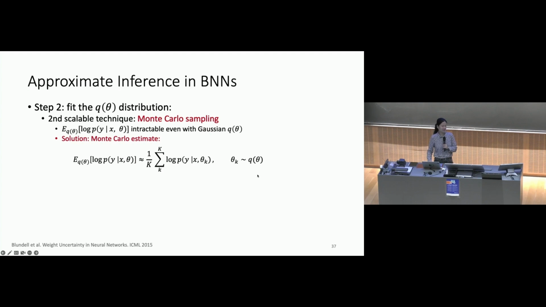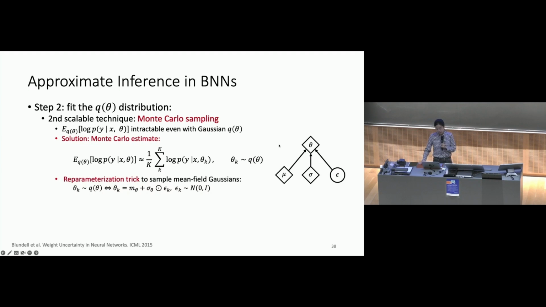Because we use Gaussians, we can sample from the Gaussian distribution and then perform the empirical average to get this approximation. In particular, if you use Gaussians, then you can also use the reparameterization trick that you probably have seen in yesterday's deep generative modeling tutorials. It's the same trick.